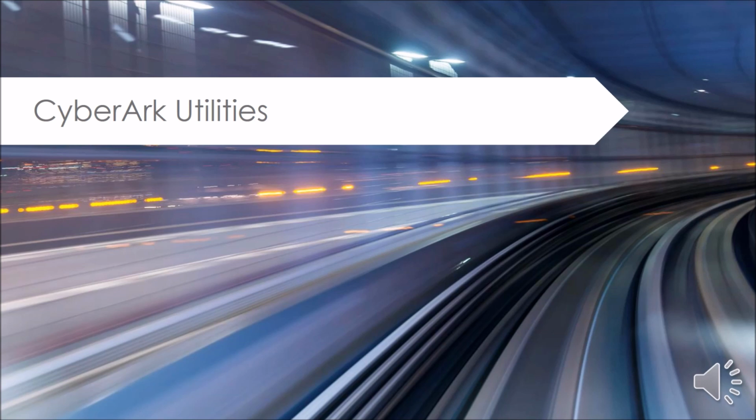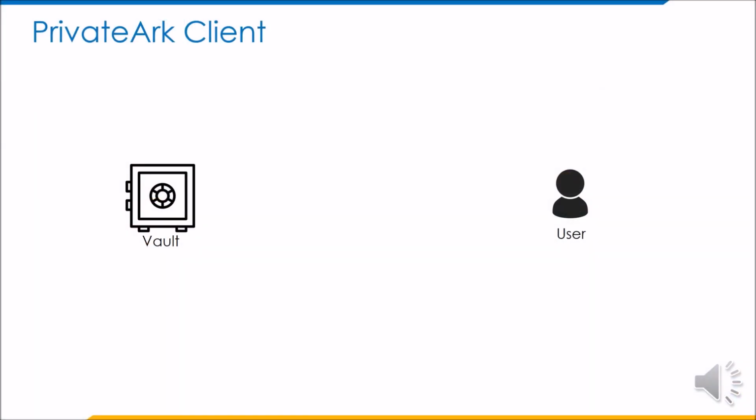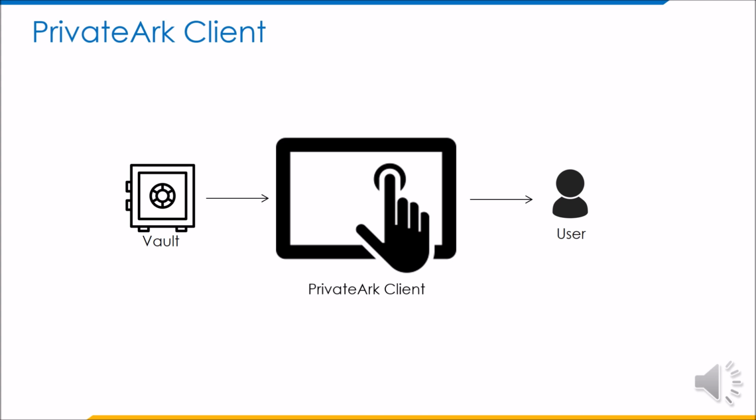Next, let us take a look at the utilities that can be used to interact with the CyberArk components. PrivateArk Client is an application that provides the user with direct interaction to the vault. From the PrivateArk Client, a user can see the safes present in the vault and available to them, and also the contents of the safes.